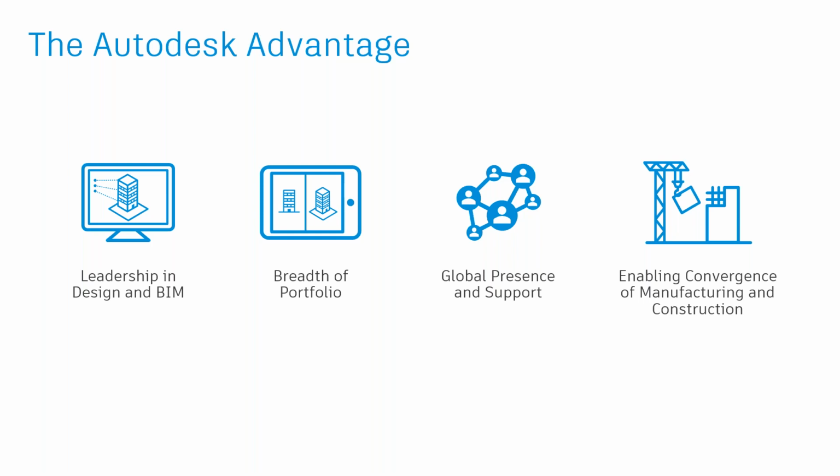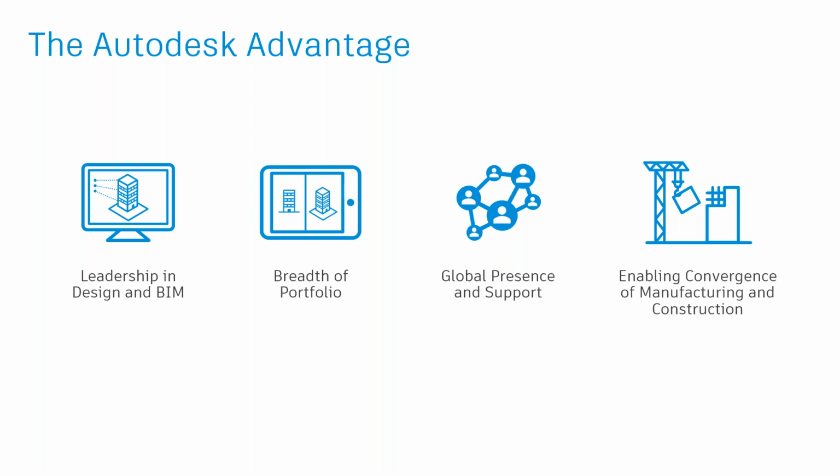So we believe at Autodesk there are 4 factors that enable us to deliver the promise of connected construction better than anyone else. We have been a leader of design in BIM, supported by very able partners such as Baker Baines, to take this technology and make it available to our customers to use and adopt.